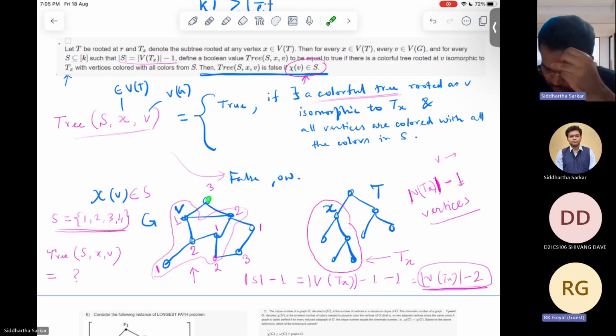It colors all the vertices, and maybe there are more colors at your disposal than the set of colors. In fact, it is written that totally there are k colors which are used to color the vertices of the graph G. But some of the colors you are picking and calling them S. Now, chi V belongs to S means that you have used a color from S to color the vertex V.